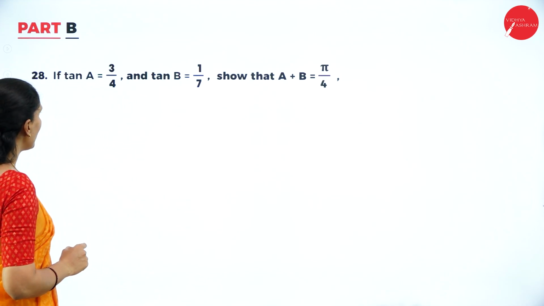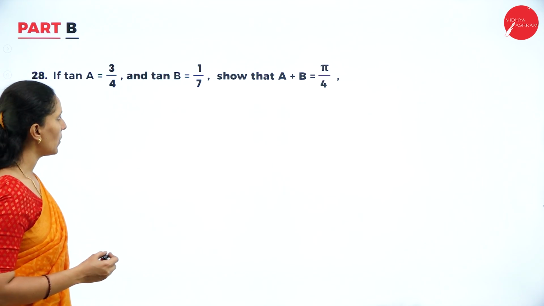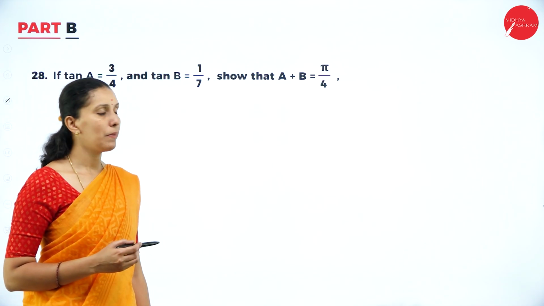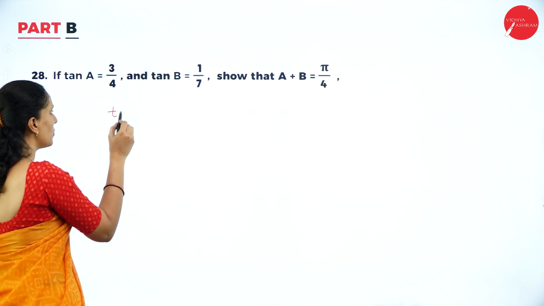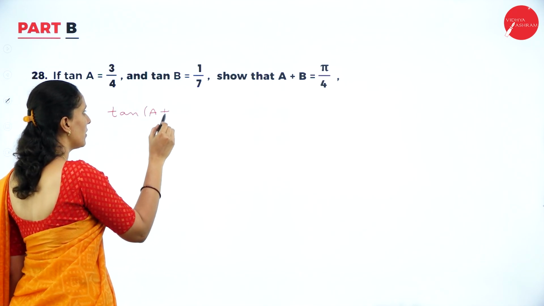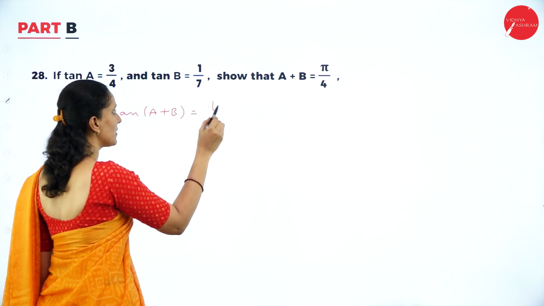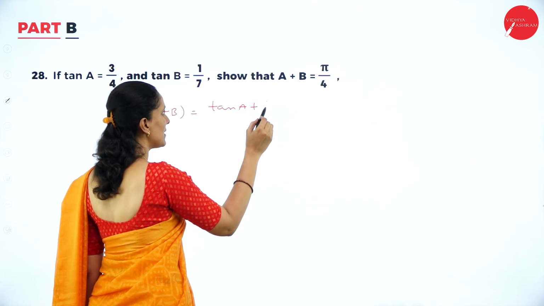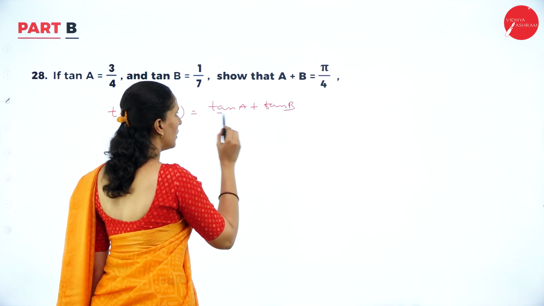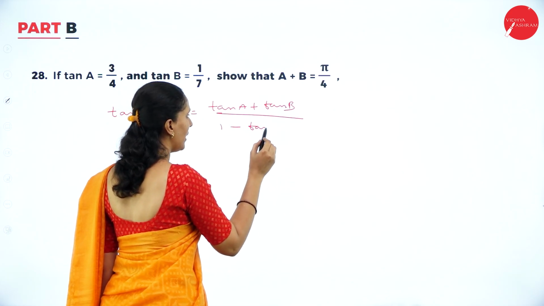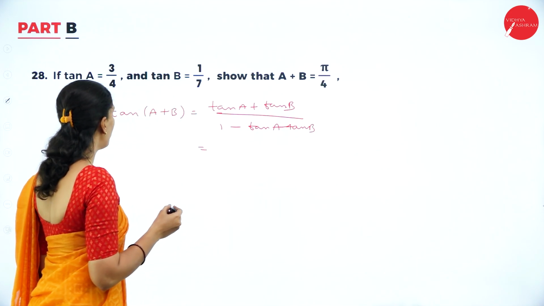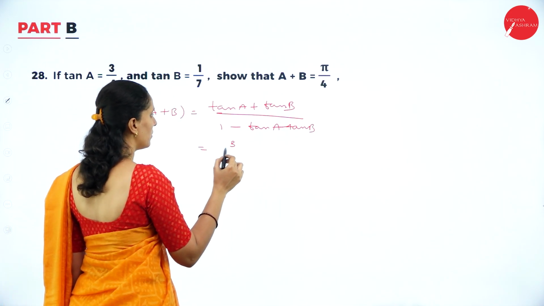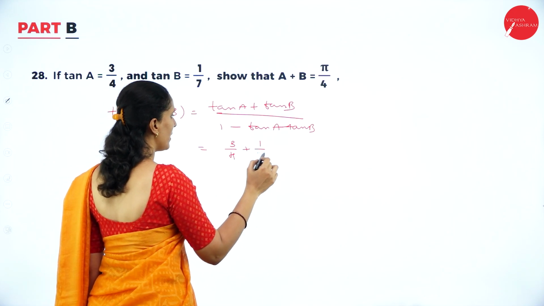Next, if tan a is equal to 3 by 4, tan b is equal to 1 by 7, show that a plus b is equal to pi by 4. Since tan a, tan b is given, let's use the formula of tan a plus b. So we have tan a plus b is equal to tan a plus tan b divided by 1 minus tan a tan b. Now the value of tan a is given as 3 by 4, tan b is given as 1 by 7.